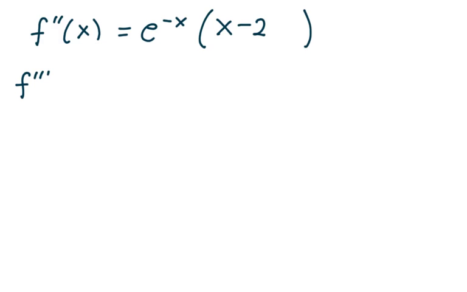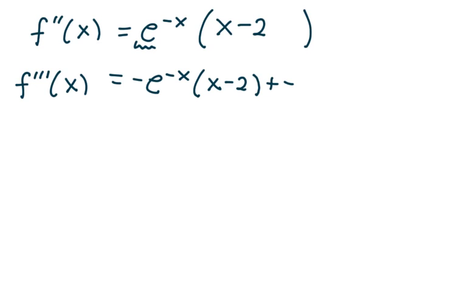Take the third derivative. So I'm going to apply the product rule again. Negative e to the negative x times x minus 2. And then I'm going to add e to the negative x times 1.